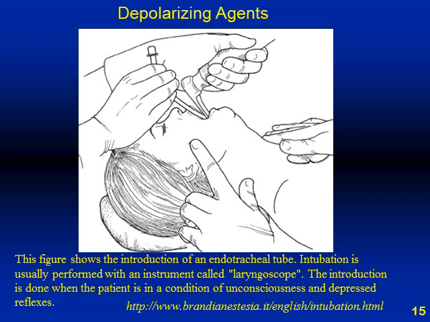This is done when a patient comes into the emergency room in an unconscious state and when their reflexes are depressed. And the process of endotracheal intubation is made easier by the use of a drug like succinylcholine.